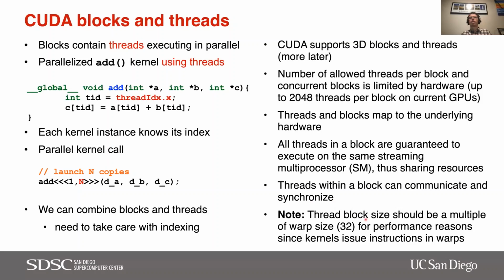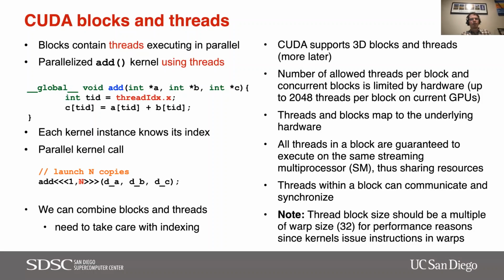One thing you have to keep in mind, even if you see these examples now with less than 32, is that I talked about this warp size. Because the scheduler issues instructions in multiples of warps, you should have a multiple of 32 as thread size. Otherwise, you're going to waste resources.